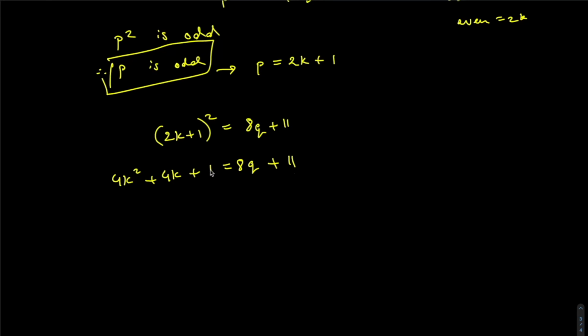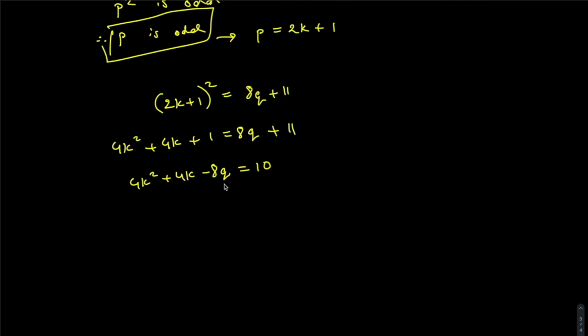Let's bring the 8q here. Let's take the constant there. What do we have? 4k squared plus 4k minus 8q is equal to 10. Let's simplify this a bit more. Let's divide both sides by 2.